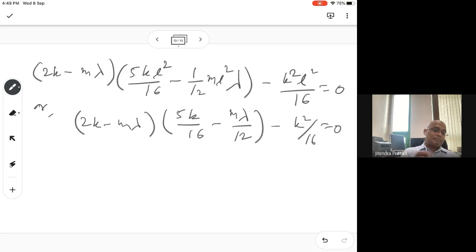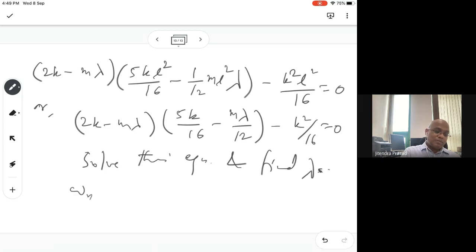The rest we can solve. Because of the time, I will just write: expand, solve this equation and find lambda, and omega n will be equal to root lambda.